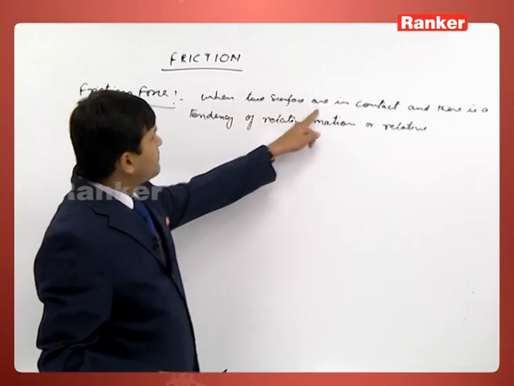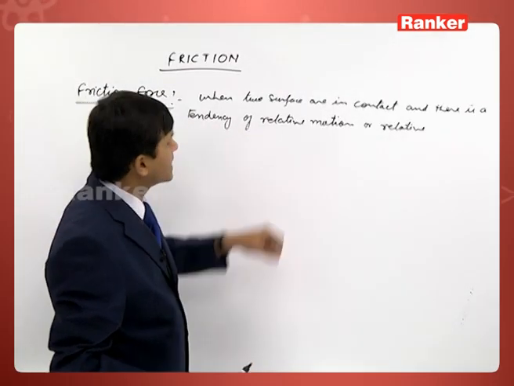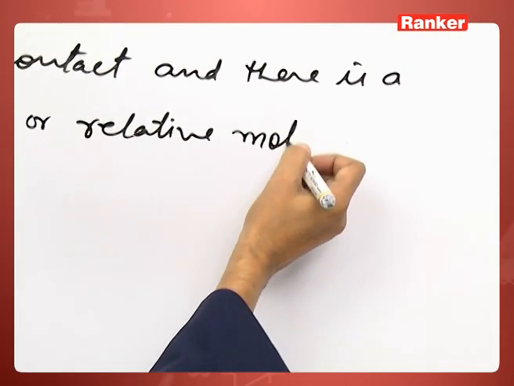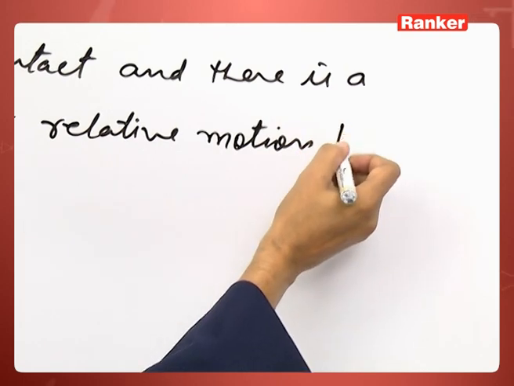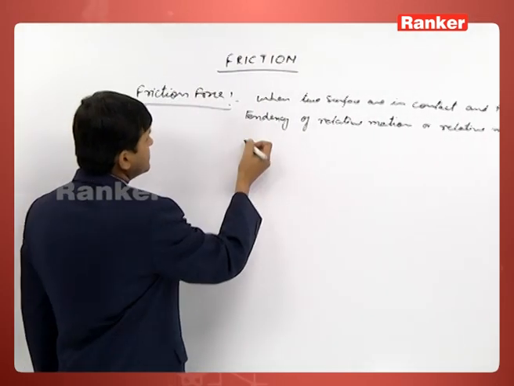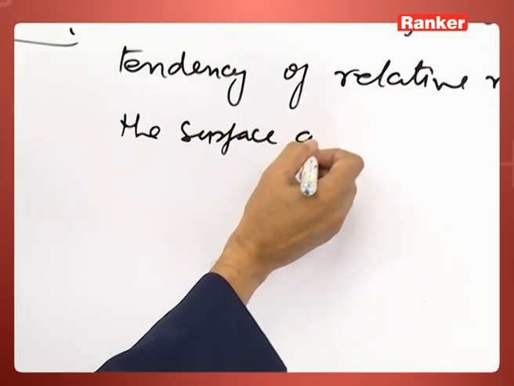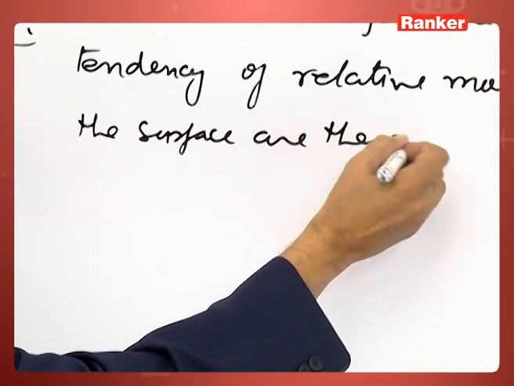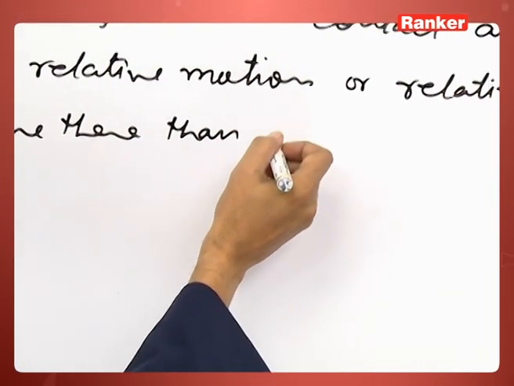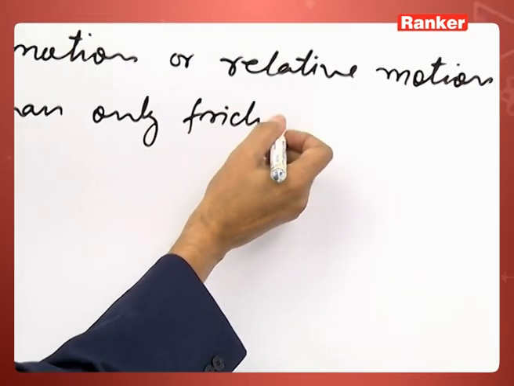So when two surfaces are in contact and there is a tendency of relative motion or relative motion between the surfaces, then only friction force acts.